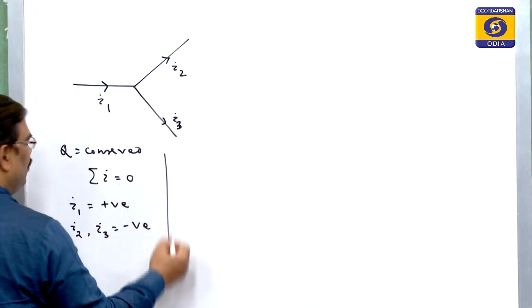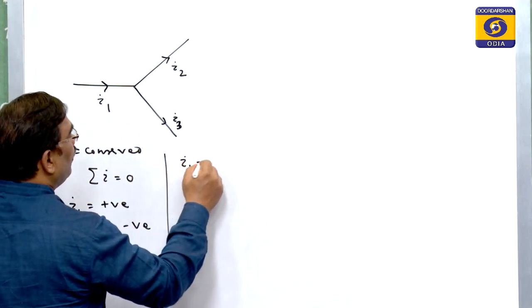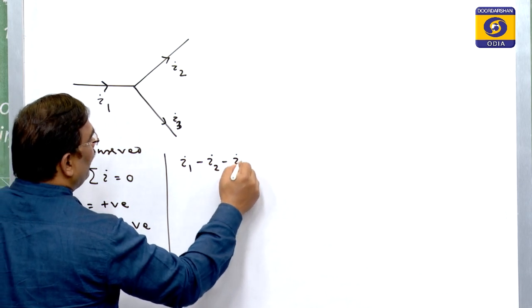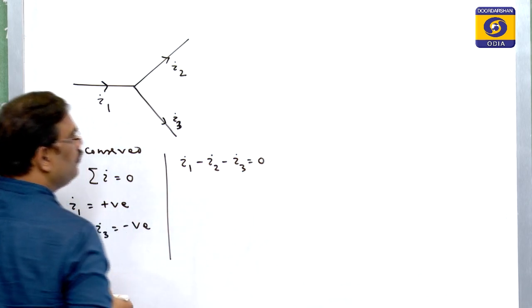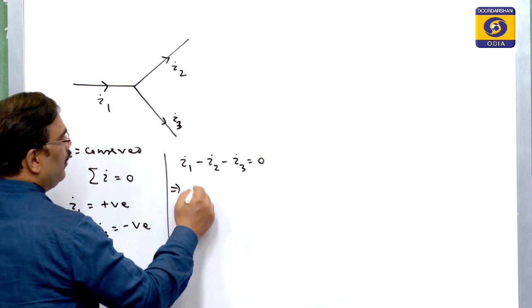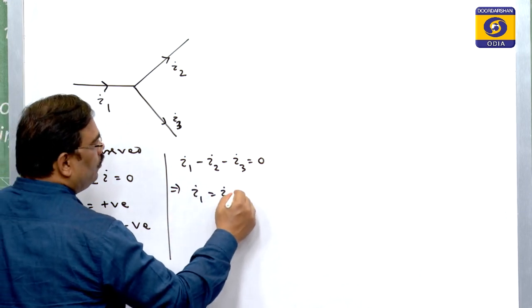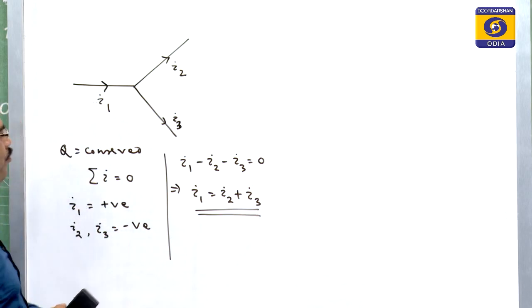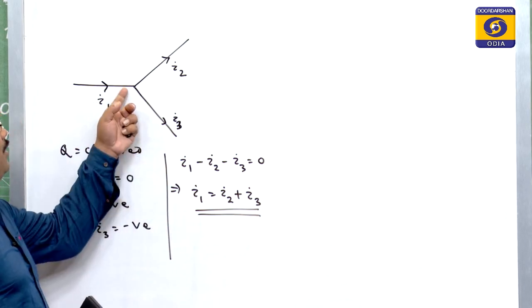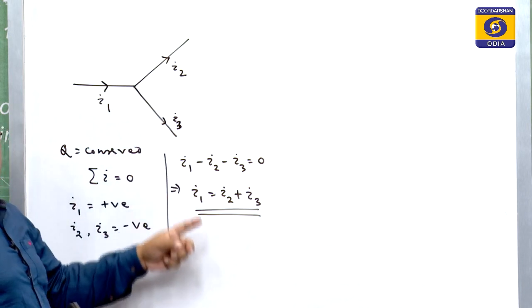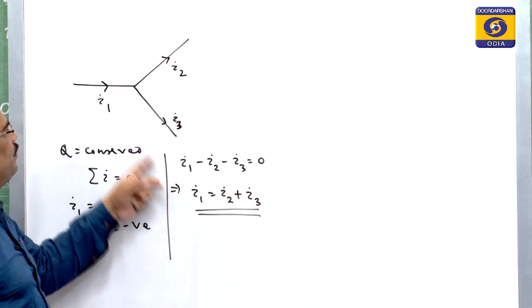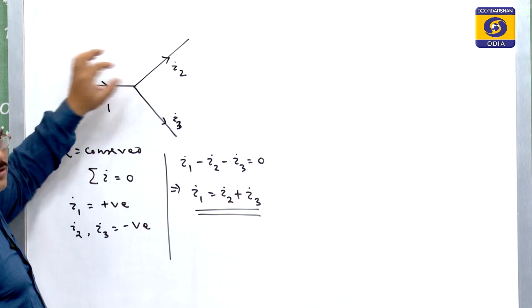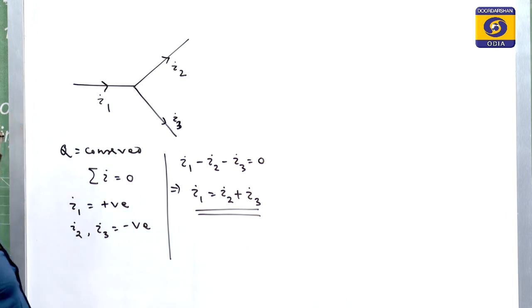So, therefore, we can write I1 minus I2 minus I3 equal to 0, or I1 equal to I2 plus I3. So, this indicates that the sum of incoming current is equal to the sum of outgoing current, or summation of all currents meeting at the junction is equal to 0. So, this is in accordance with the conservation of charge.